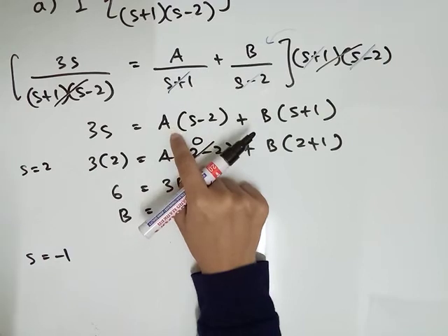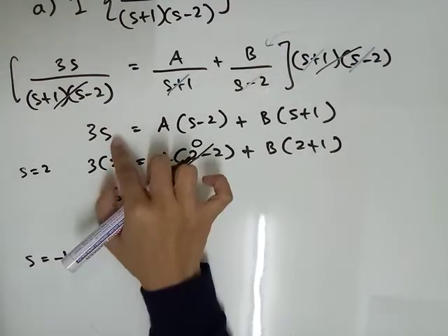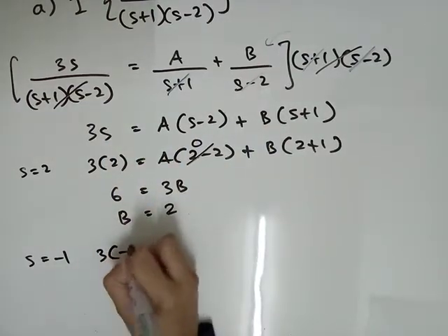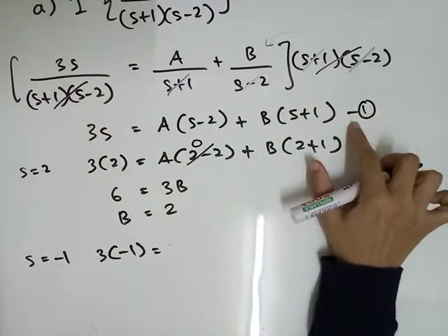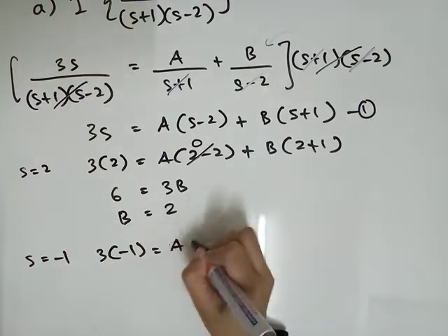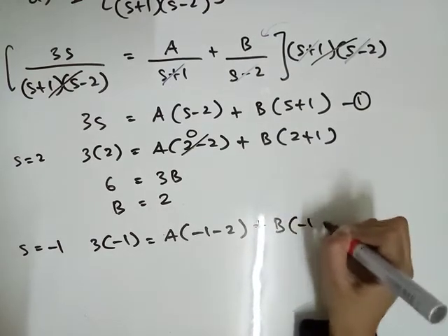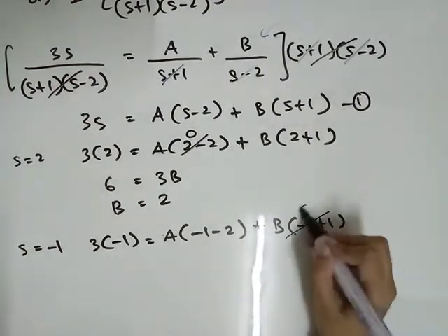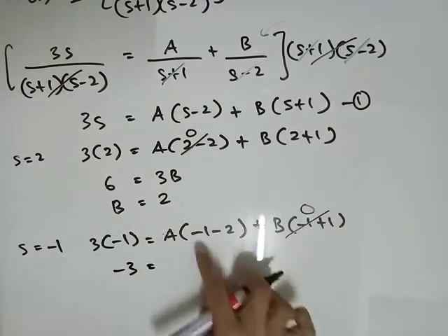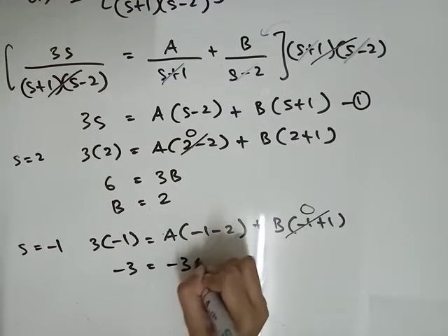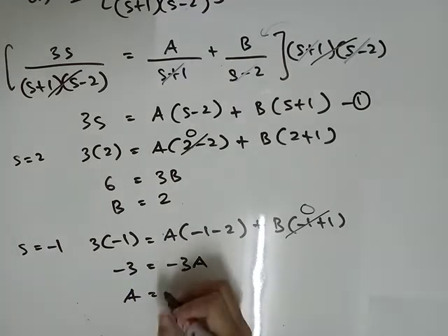Substituting negative 1 into each s in the first equation: 3 times negative 1 equals A times (negative 1 minus 2) plus B times (negative 1 plus 1). That last term is 0. 3 times negative 1 is negative 3, and negative 1 minus 2 gives negative 3A. Therefore A equals negative 3 divided by negative 3, which is 1.